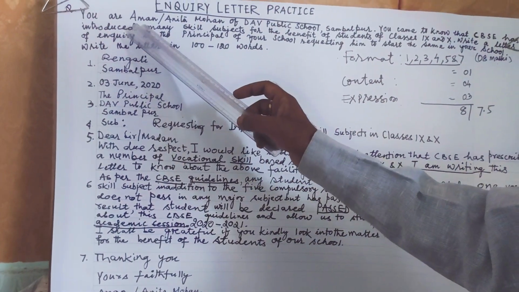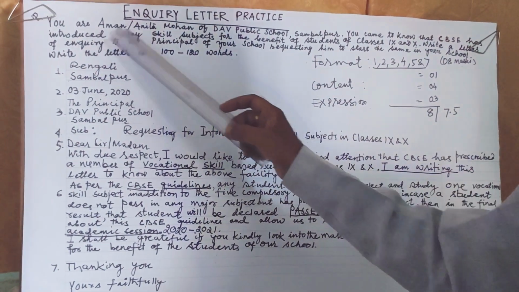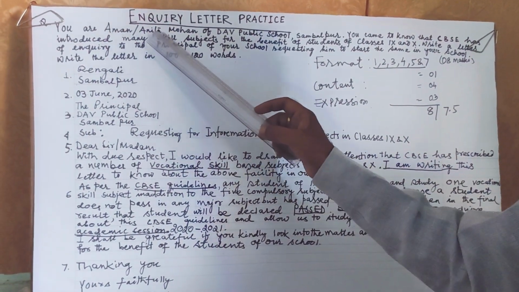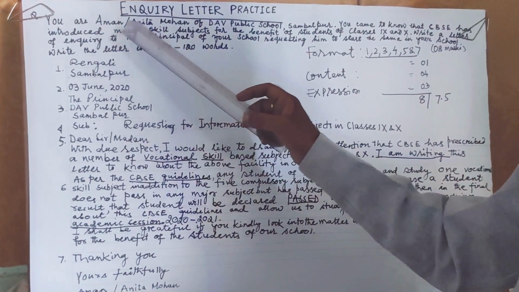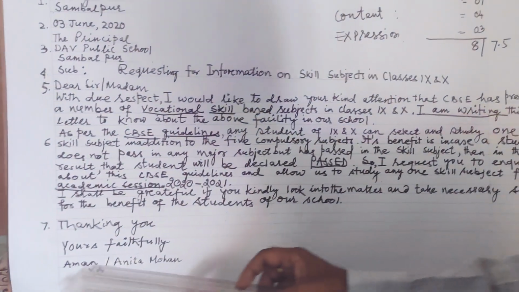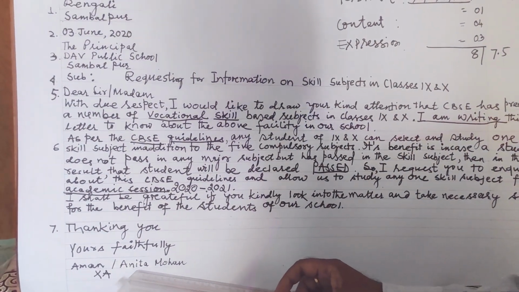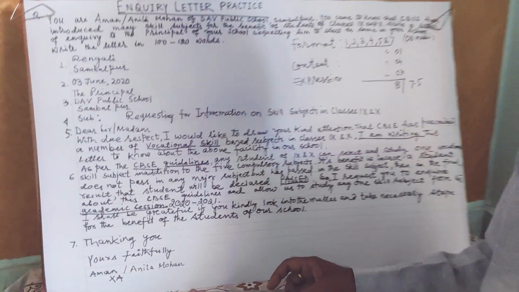In the question, Aman / Anita Mohan. These 2 names are given, one boy and one girl, because it is expected that boys will write Aman, girls will write Anita. The same thing I have mentioned here. Aman / Anita Mohan. They belong to class 10th, as I have mentioned.